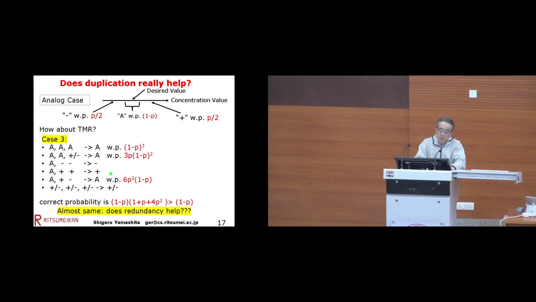fault-tolerant scenarios. By the way, for TMR, there are so many scenarios we can consider. But if we consider these scenarios, the correct value may be a little bit better than the original one, but not so good, almost similar.